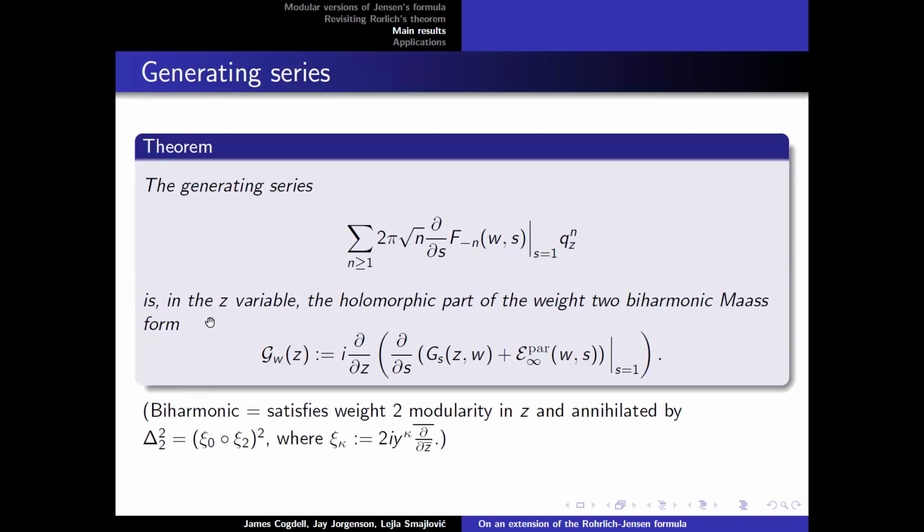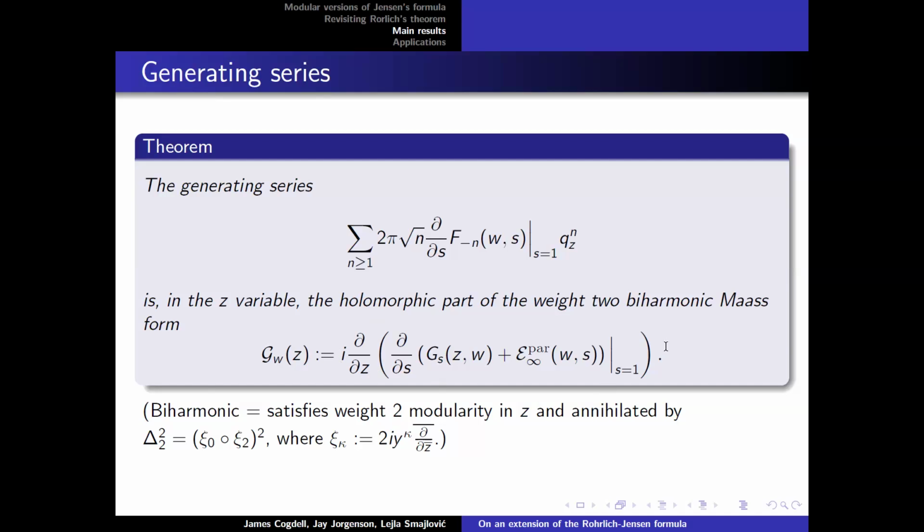When viewed as a function in the z variable, this generating series turned out to be the holomorphic part of the weight 2 biharmonic mass form, this g_w of z, which is basically the derivative of our prime form at 1, and which is actually the raising operator, up to the factor of 2i, del over del z, of the derivative at s equals 1 of this prime form.